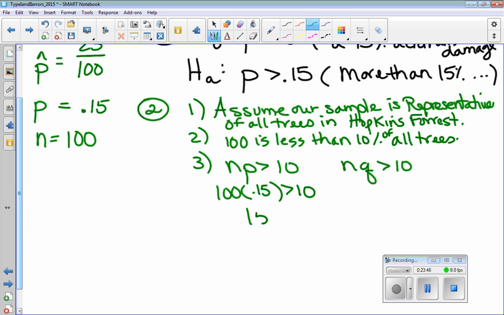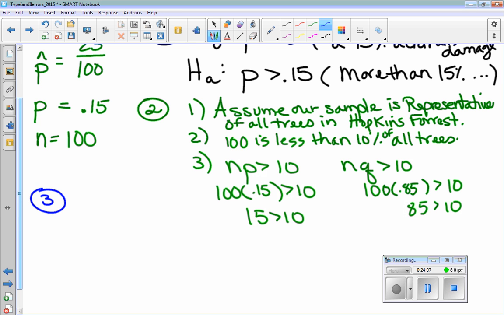So 15 is greater than 10. We've met that condition. And then the other one would be 100 times 0.85, which is 85, which is also greater than 10. Have I met the conditions? Assuming the first one is met, we'll assume, but we're okay. Okay? Step 3. Lindsay, help me with step 3.